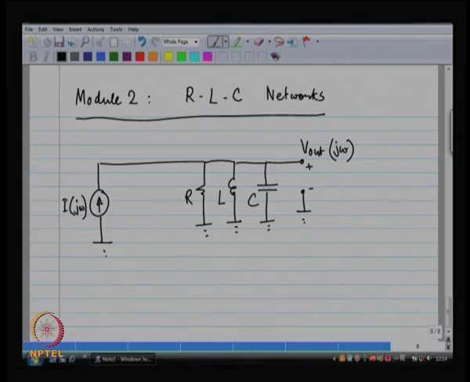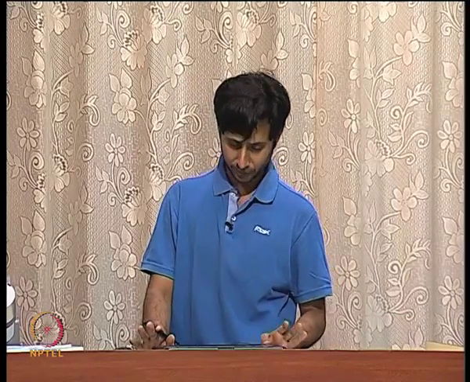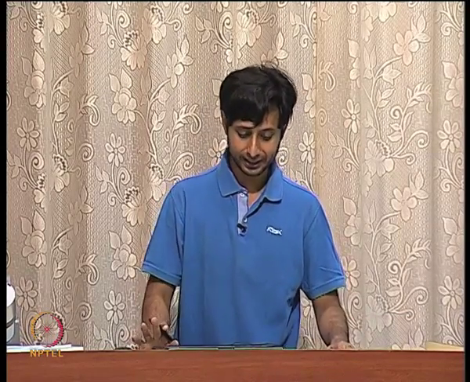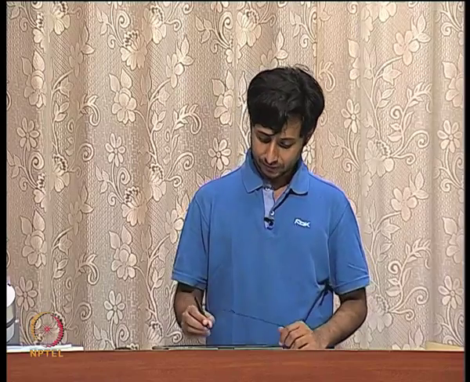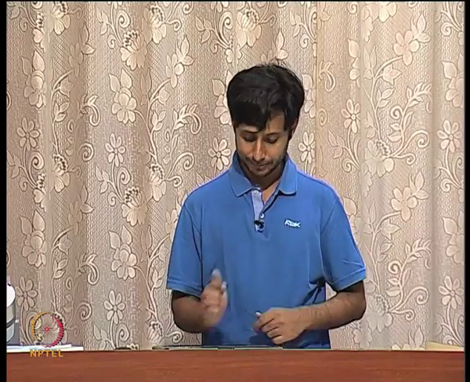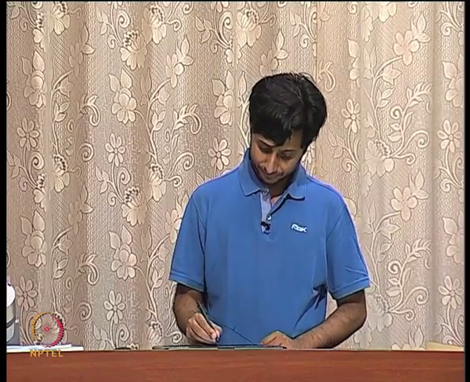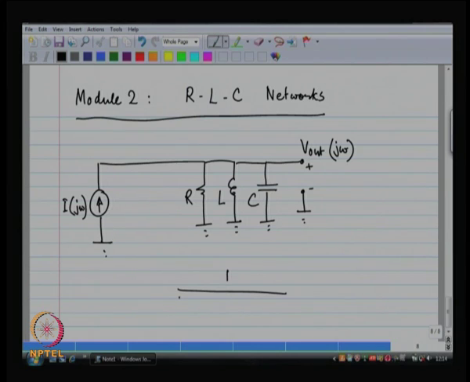To understand this, you use the Laplace transforms, you use traditional techniques, phasors, whatever you want to use, and R, L and C form 3 parallel impedances. So, the combined parallel impedance is 1 by R plus 1 by j omega L plus j omega C. This is the combined parallel impedance.